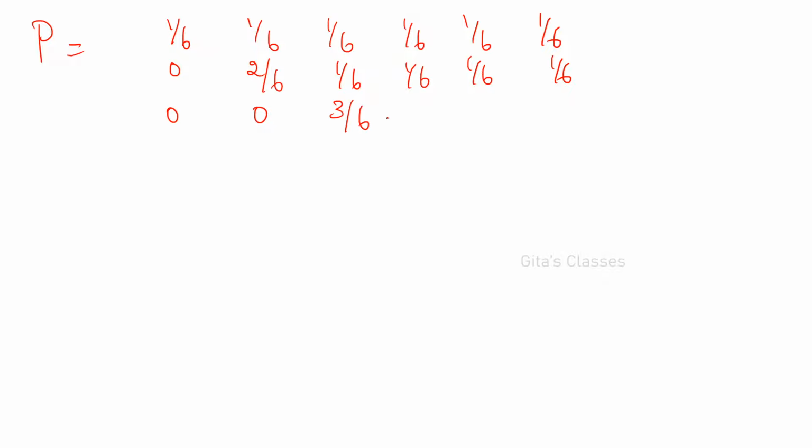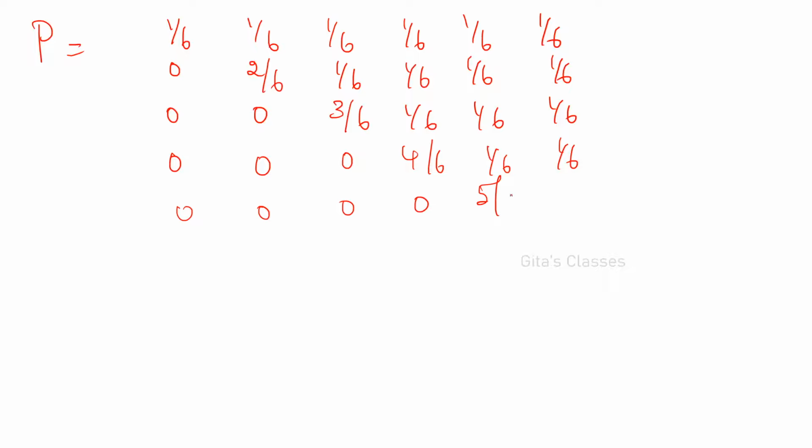So 3 by 6, 1 by 6, 1 by 6, 1 by 6. We will not get 0 because it is throwing a die. You will get either 1 or 2 or 3 like that. So here 0, 0, 0. Next will be 4 by 6, 1 by 6, 1 by 6. Then 5 by 6, 1 by 6. And if you see the row total, you will get 1. So 0, 0, 0, 0, 0, 1. 6 by 6, so it is 1.